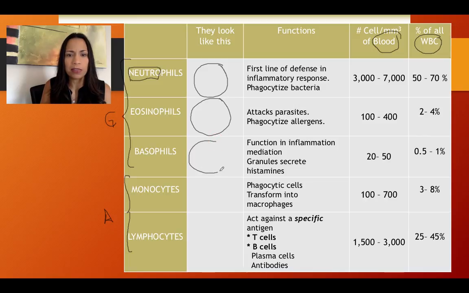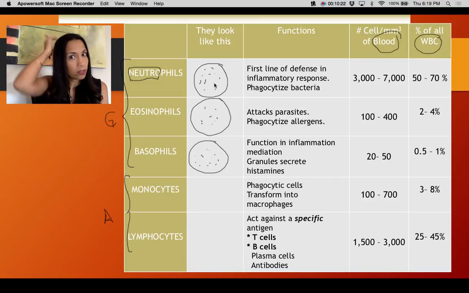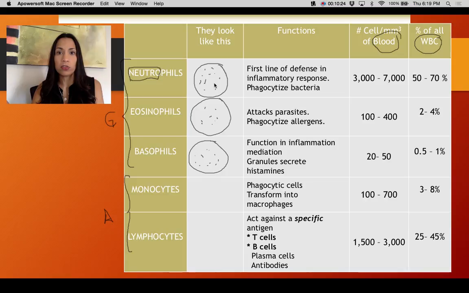All of these cells have granules in the cytoplasm. And these granules are going to get the dye, the stain that we use to color these cells to look at them under the microscope.